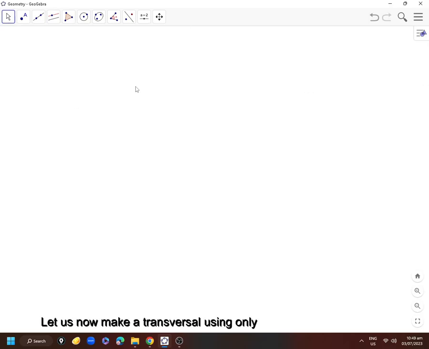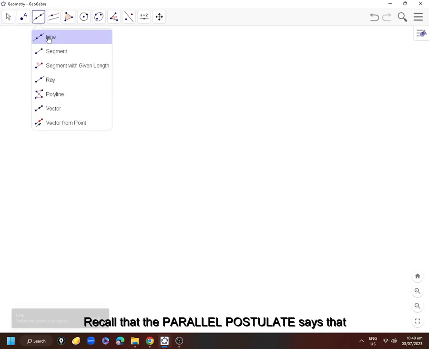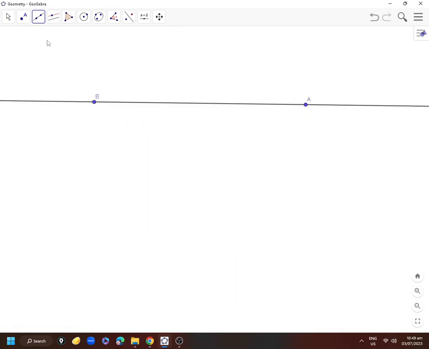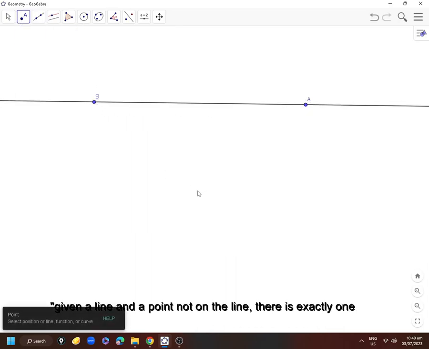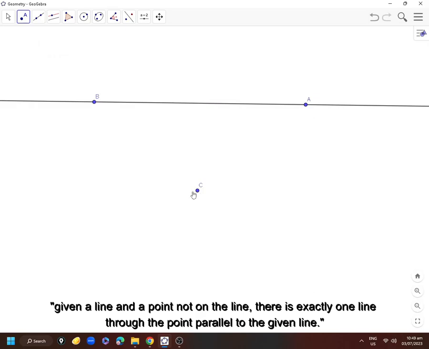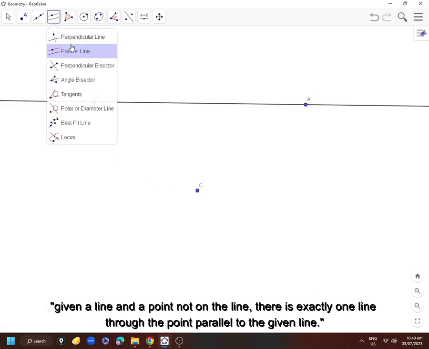Let us now make a transversal using only one pair of parallel lines. Recall that the parallel postulate says that, given a line and a point not on the line, there is exactly one line through the point parallel to the given line.